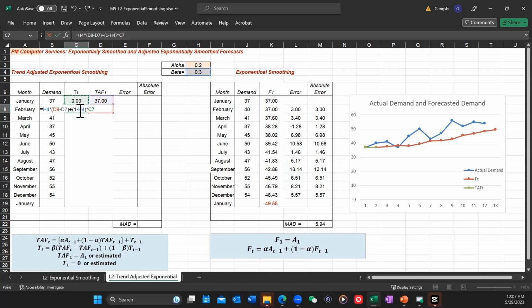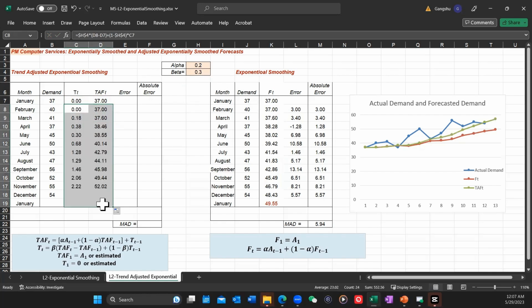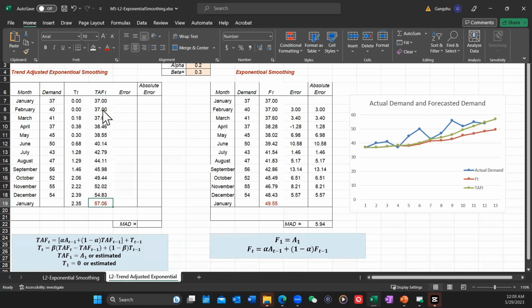Again, we need to fix the share of the beta by adding the dollar sign. And now we are ready to say, okay, to this trend equation as well. So we have these two equations ready and fill them down to the rest of the cells. The last point for the forecasted demand is our forecasting data point.